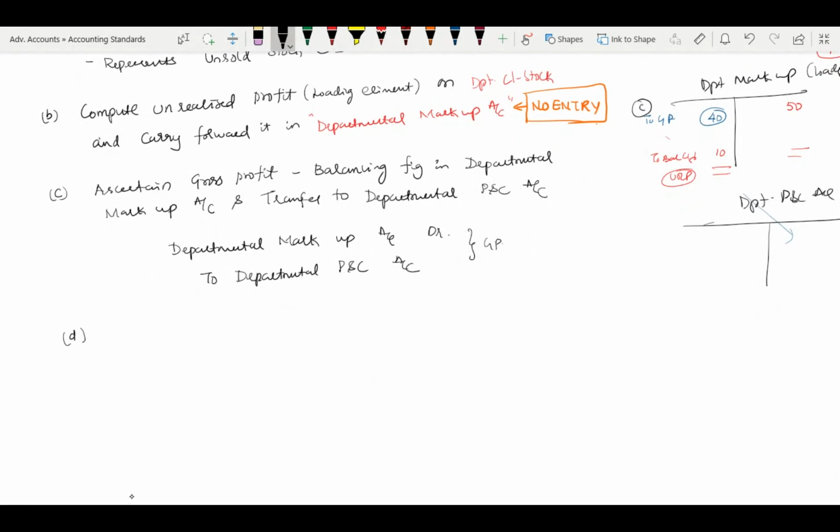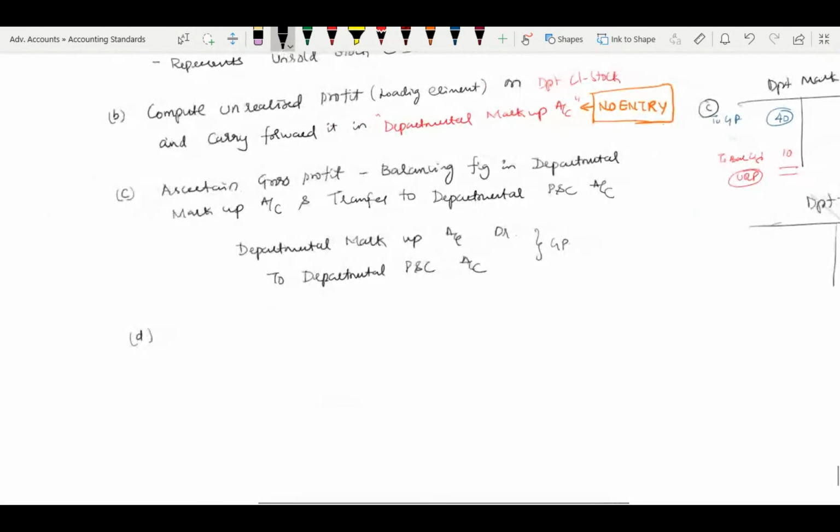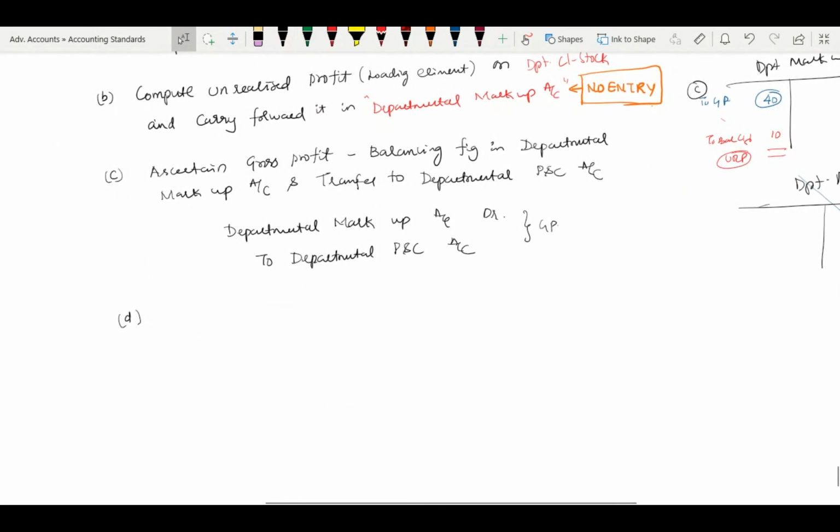Next, let's go to event number D. In the P&L, gross profit is already transferred. Now whatever expenses are there, I have to debit in the P&L account, and thereafter balance it.